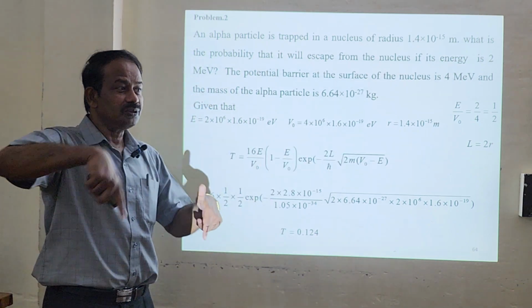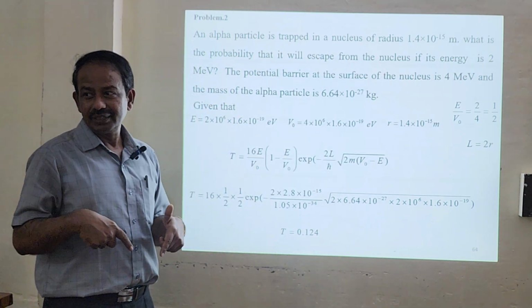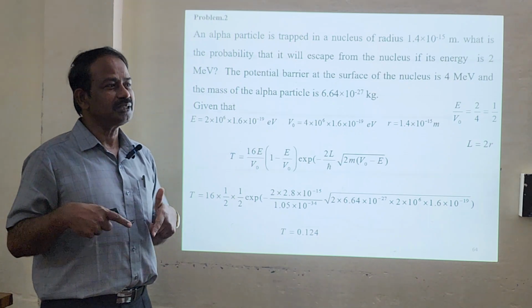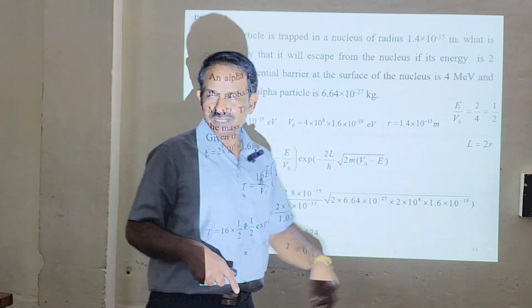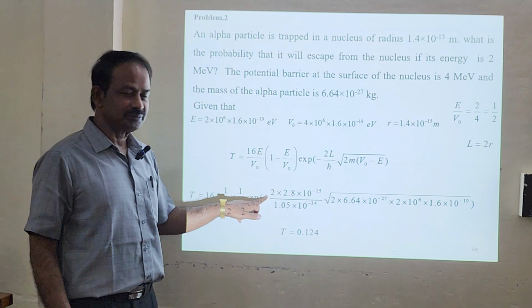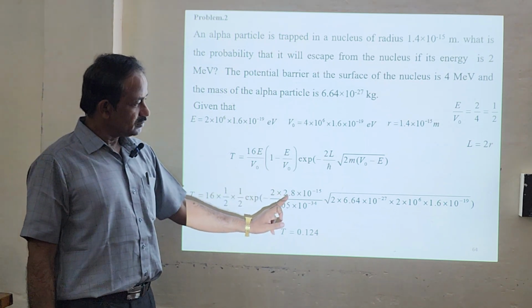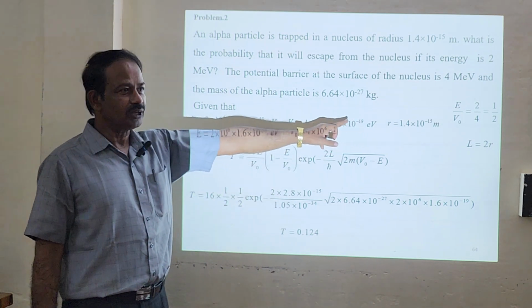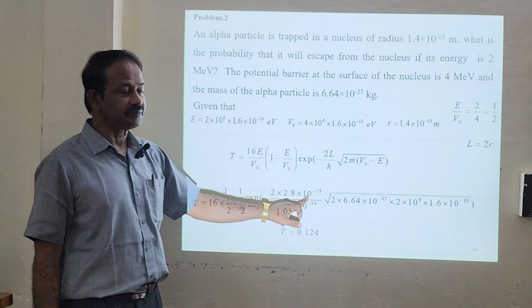And you will have to calculate the width, which is twice the radius, so L equals 2R. So 2 times 1.4 is 2.8 × 10^-15.